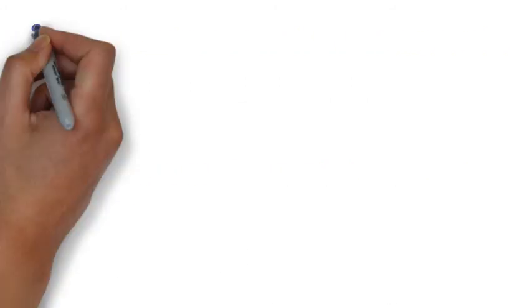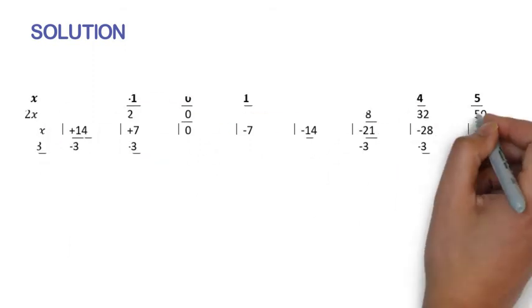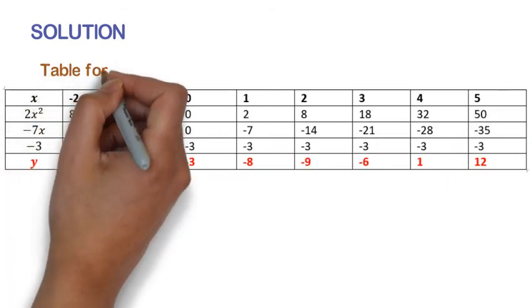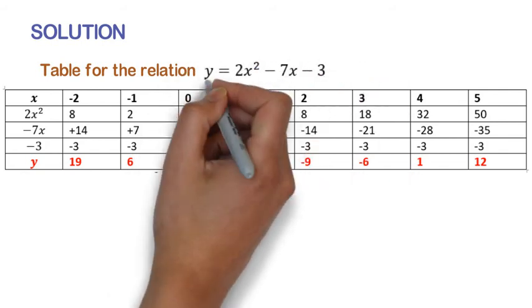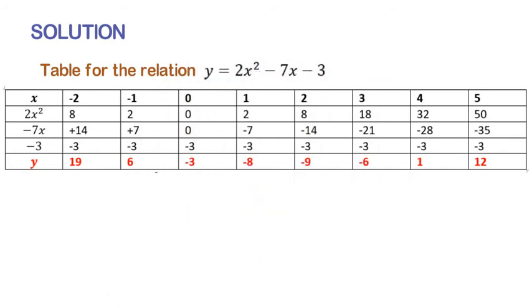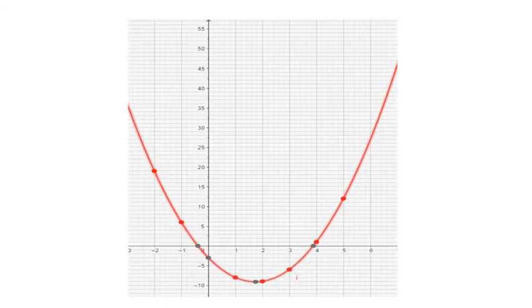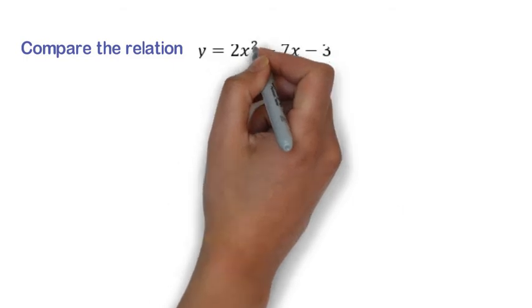So what do we do? We have to compare the relation y equals 2x squared minus 7x minus 3 with the equation given to us, 2x squared minus 7x minus 5 equals x plus 4.